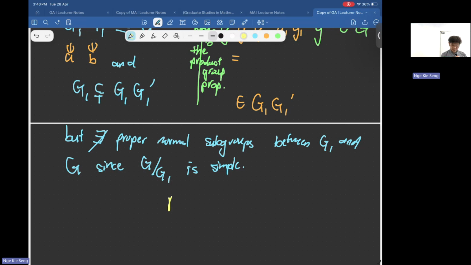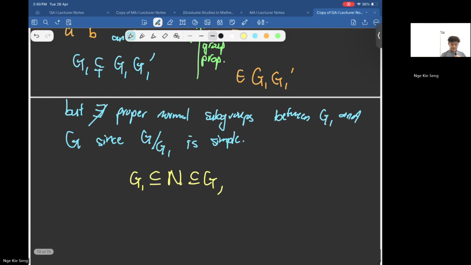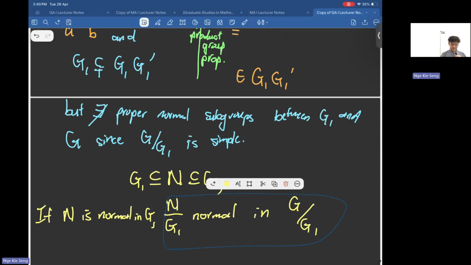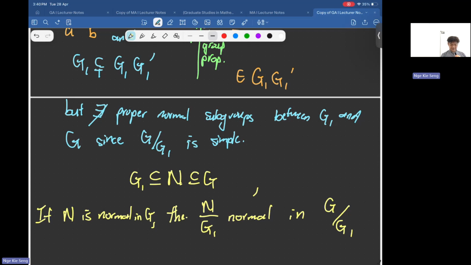If I have a normal subgroup N in between G1 and G, then N over G1 should be normal in G mod G1. Okay, if N is normal in G, then this will happen. Should be not hard to see. We know how to see here. If N is normal in G, then N over G1.